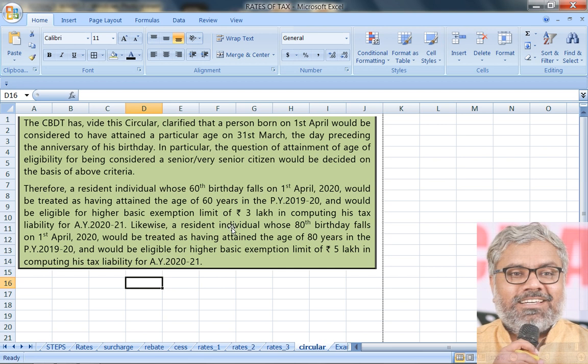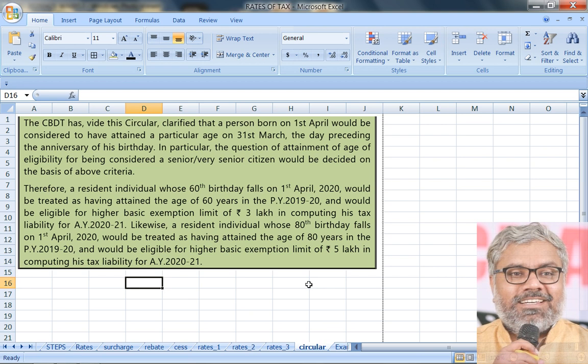Same logic applies to the 80th birthday also. Logic is the same whether it is the 60th birthday or the 80th birthday. Of course, the basic exemption limit is different. In case a person attains 80 years of age, then he will be eligible for a basic exemption limit of 5 lakhs rupees.